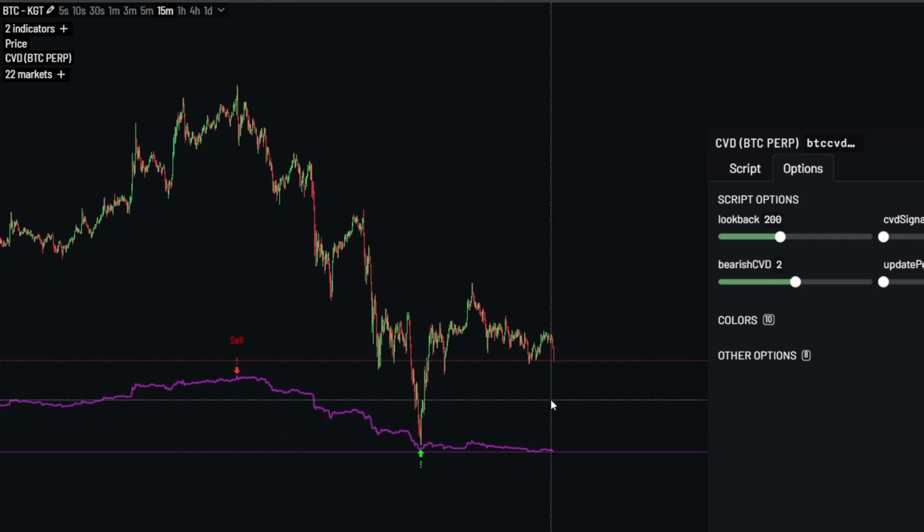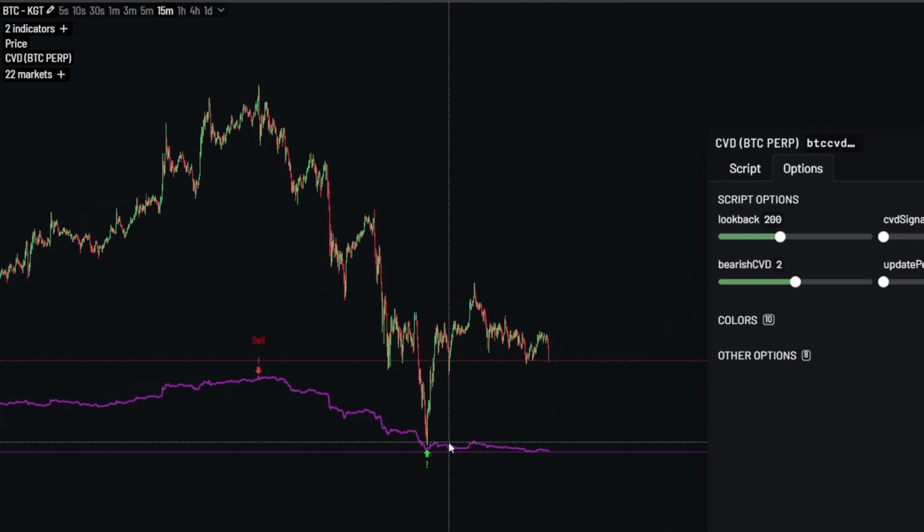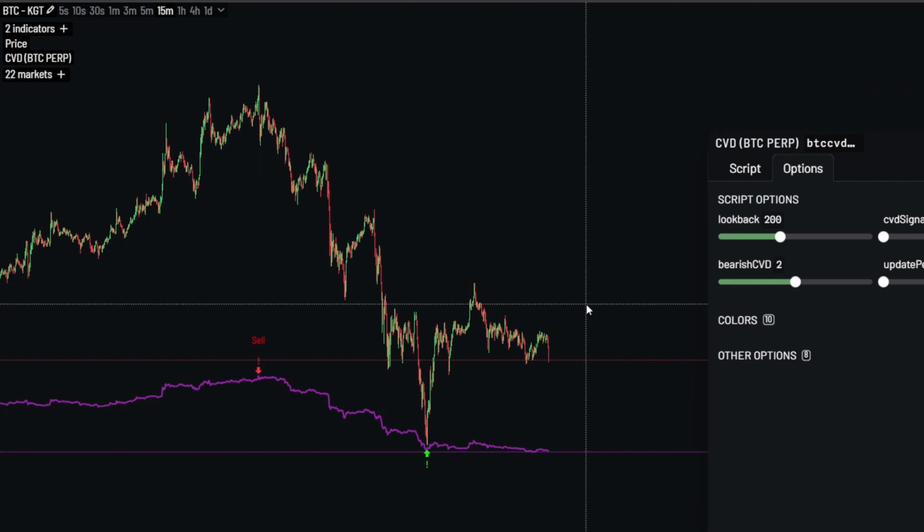So if we get a price higher than this low, and of course the CVD is already right now under this signal, so definitely this is a divergence. It will be a divergence where the price might start to move towards the upside. So that's really nice from KGT here to see that yes, a big chance that this is still a wave 1 and we can get a wave 2 and then 3, 4, 5 continuation towards the upside. Yeah, so this is regarding KGT.